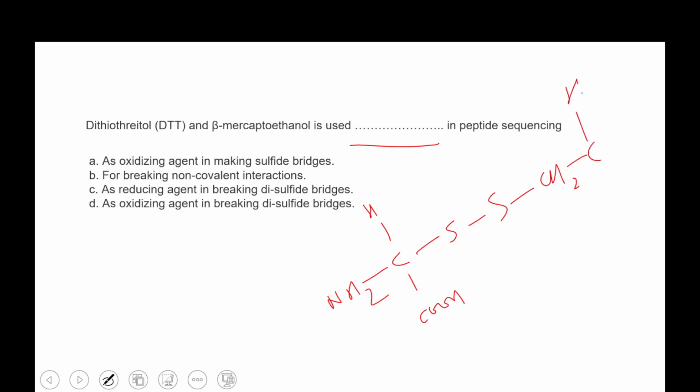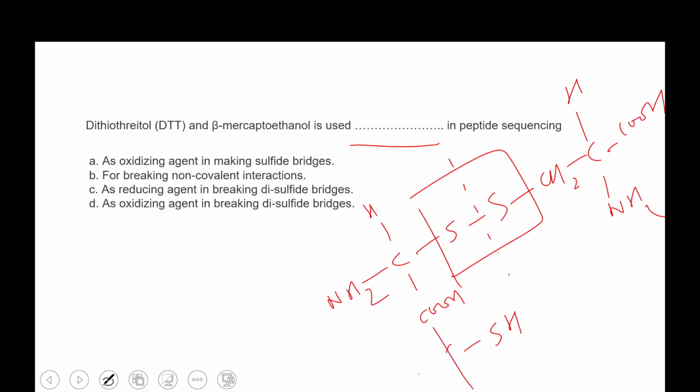Like this, we have disulfide bonds present. So these are the disulfide bonds, and this disulfide is referred to as cystine. The reducing agents which are used will break this disulfide bond, and it will look something like this.